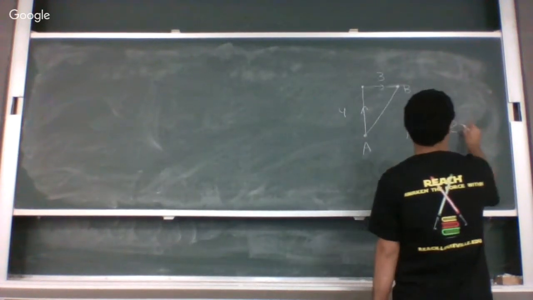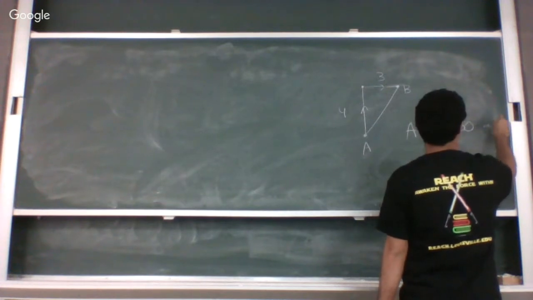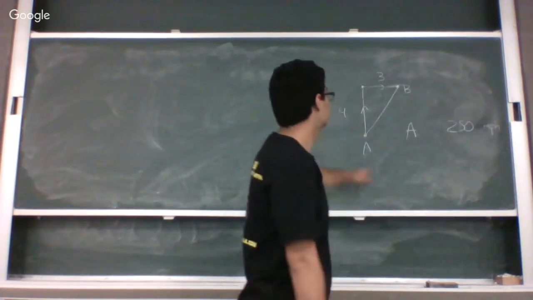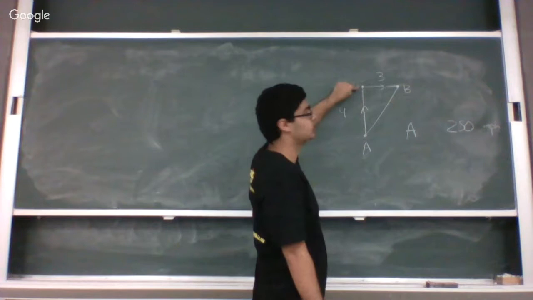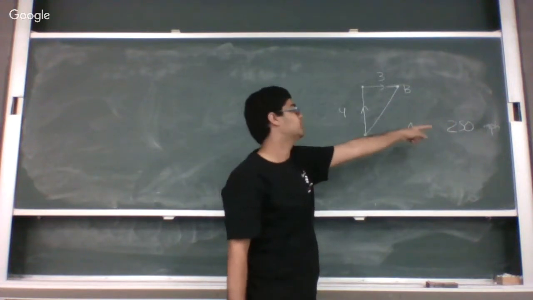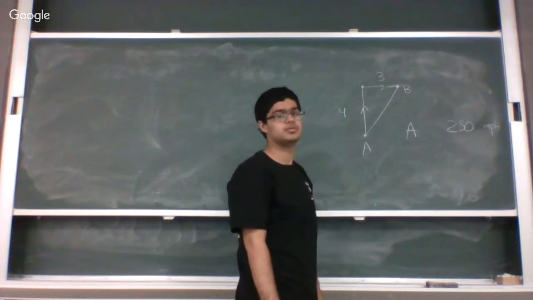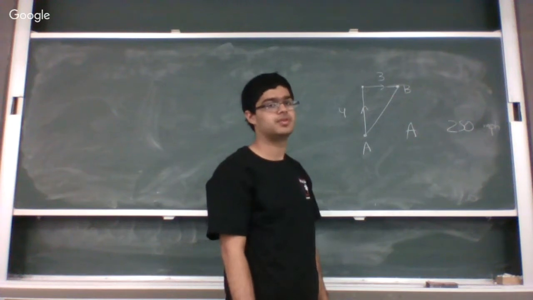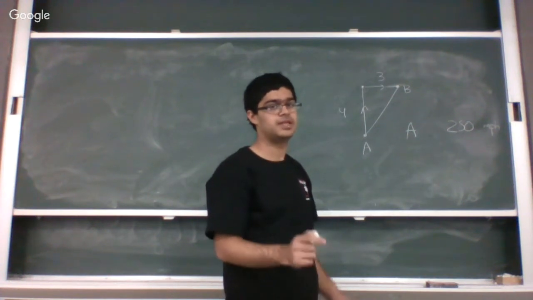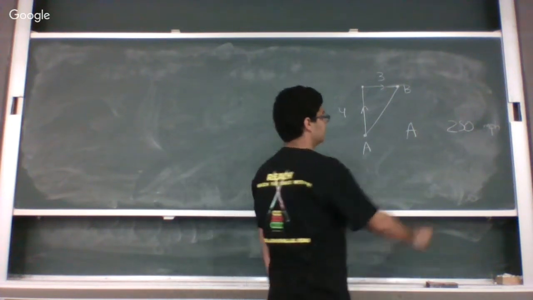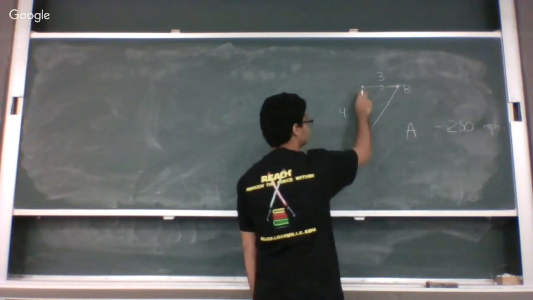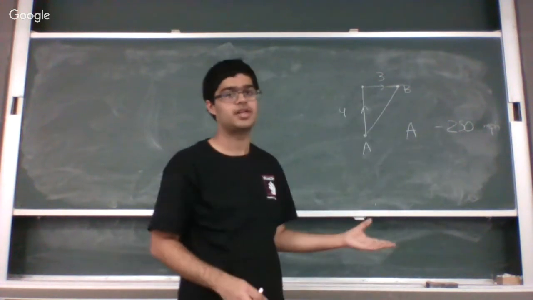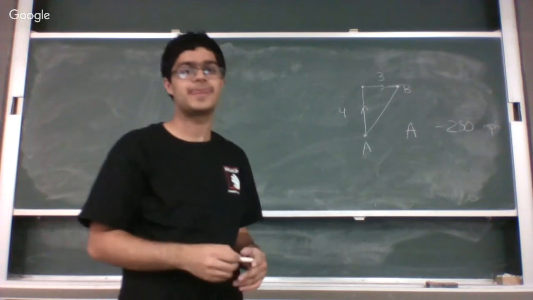Now, relative to this point, is that positive or negative? Negative, because you're getting closer. Yeah, this distance is increasing, so we take the velocity as negative.